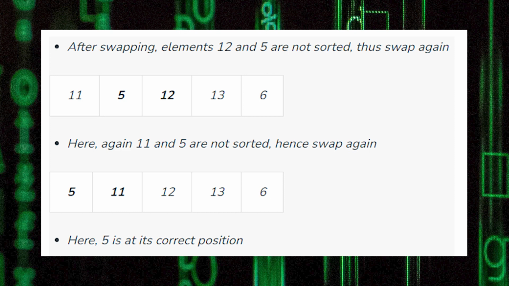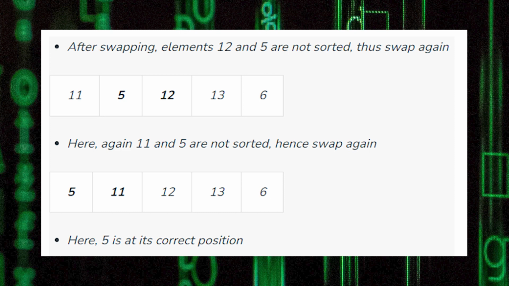In the third pass, a total of 3 swappings will be done. After swapping 5 with 12, in the next move 5 is compared with 11. In the last move, when 5 is compared with 11, 5, 11, 12, 13 are the output of the third pass, and the last element is part of the unsorted array.